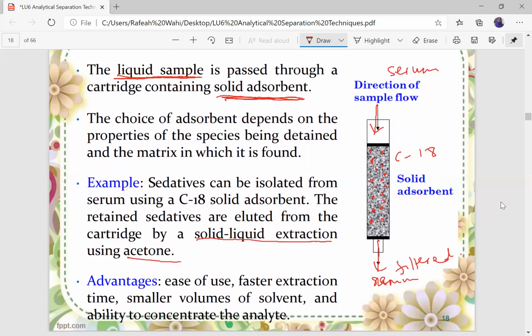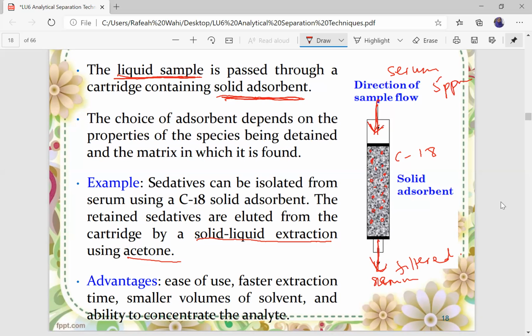Let's say you have your analyte with a concentration of 5 ppm. You keep on flowing it through the solid adsorbent, flowing in and out of the solid adsorbent. Let's say you come with your original concentration of your analyte, 5 ppm, and you keep on continuously flowing your sample into the solid adsorbent for, let's say, 1 hour.